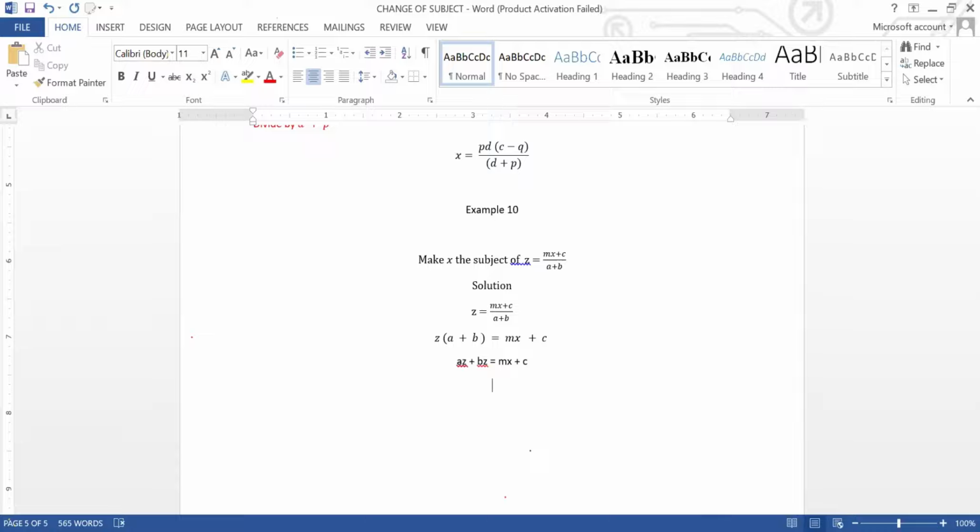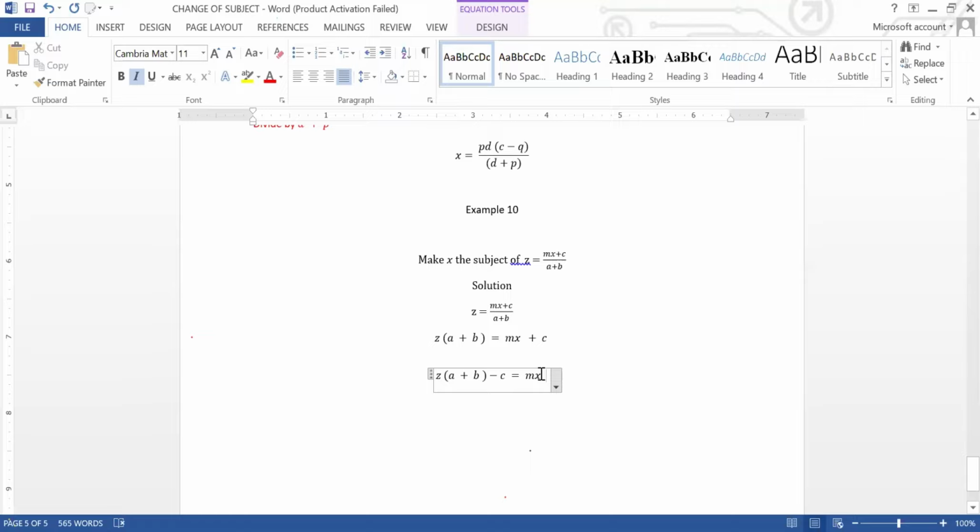Did you hear what I said? Z into bracket A plus B. Oh, it's already done. So we just have to bring the C back. There was no need for me to even expand. So Z into bracket A plus B, then I'll bring C here, then I'll divide through by M. That's it.